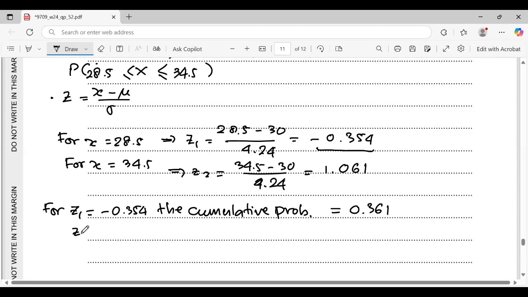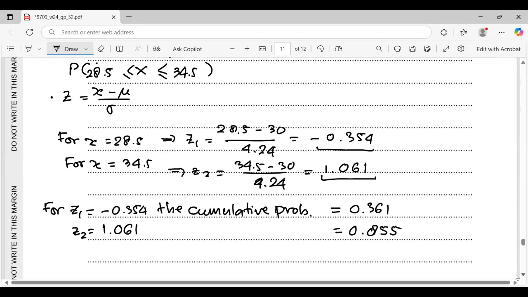And for the second z, 1.061, the cumulative probability is approximately 0.855.